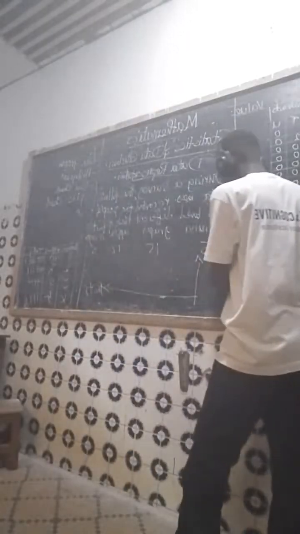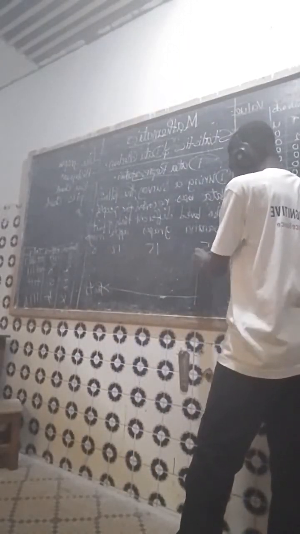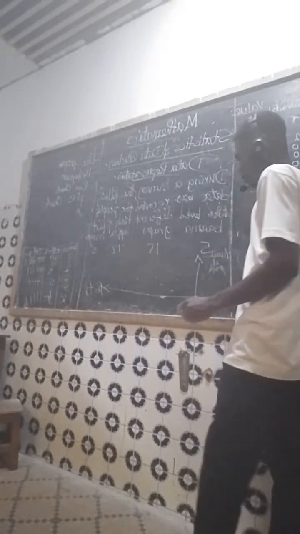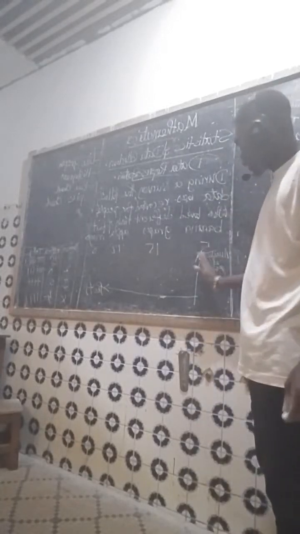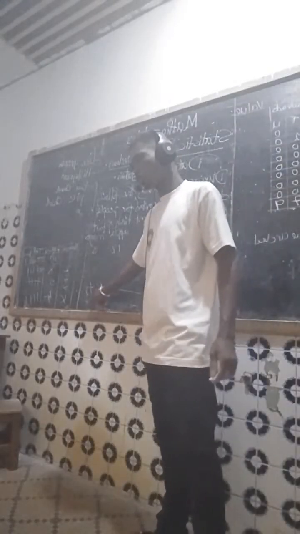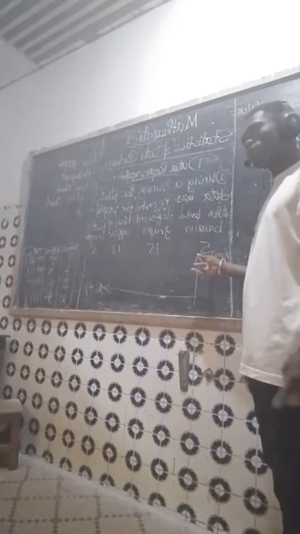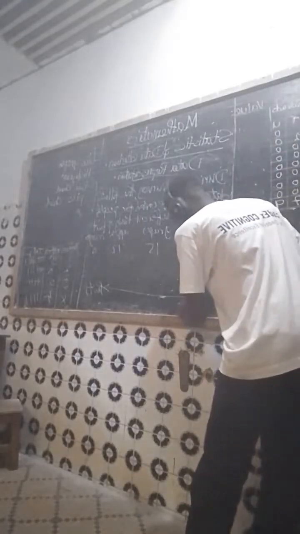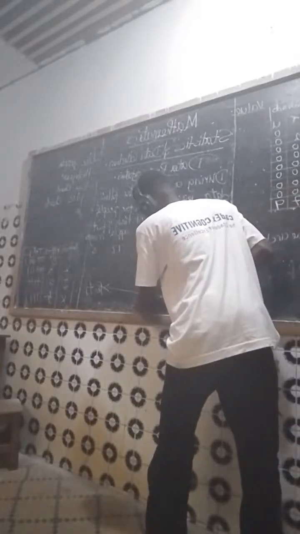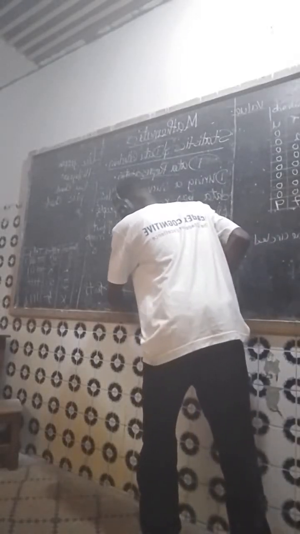Here I'll write number of people. So the y-axis is the number of people. I'm not going to put the axis again, but I must label it. Here is fruits. Here is number of people. For the fruits, I have banana, I have grapes, I have apple, I have mango.